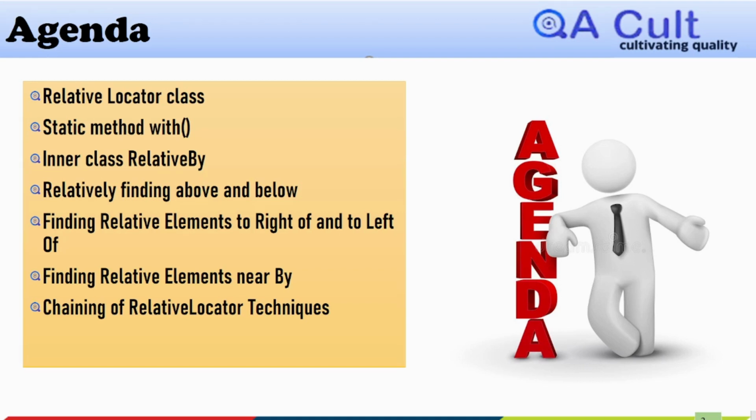In this video we will cover relative elements to the right of and to the left of the known element, and then we will see how we can find relative elements nearby the known element. And then in the third part we will see chaining of relative locator techniques.